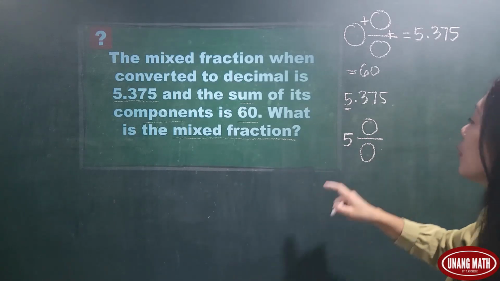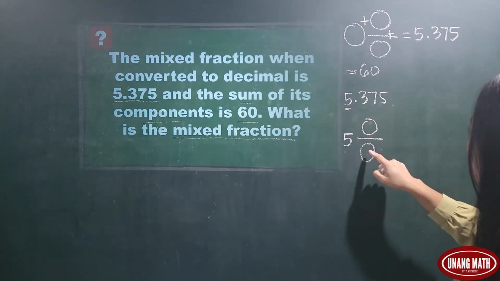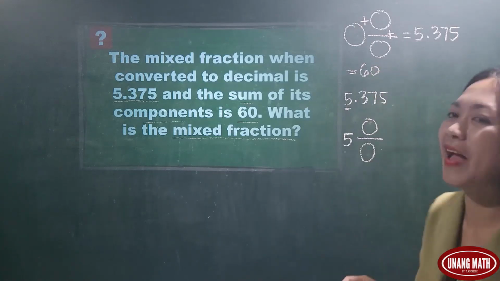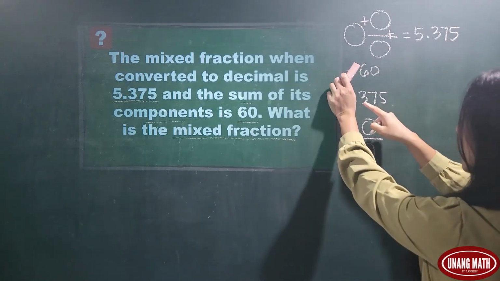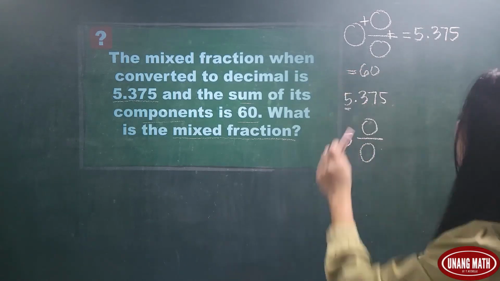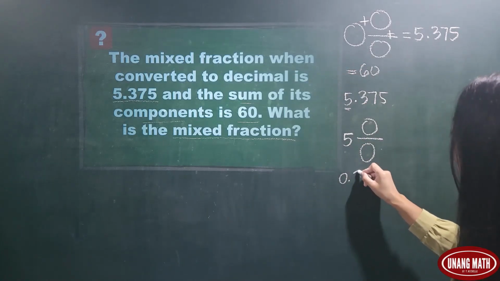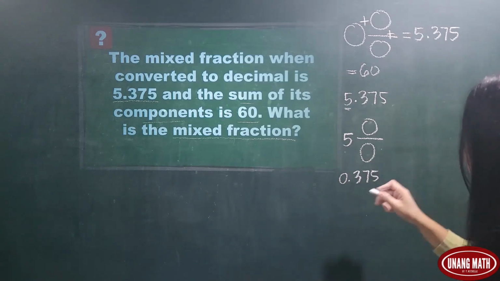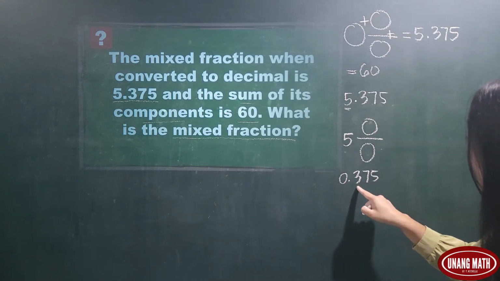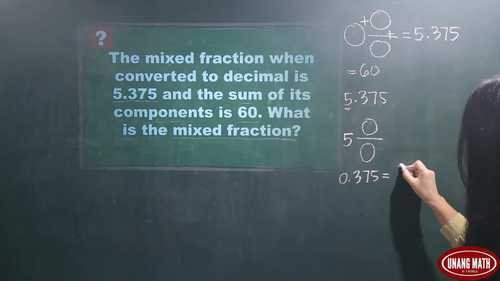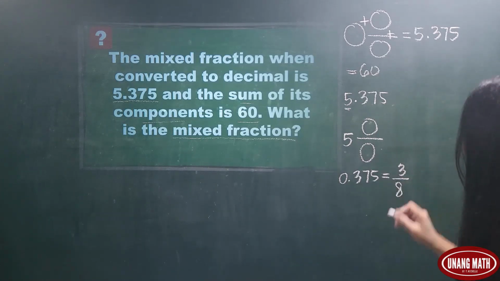Okay, take note, whole number, numerator, denominator, ang sum ay dapat na 60. Okay, tignan natin ang decimal number na 0.375 dito. Sa naunang bahagi ng video ito, alam na natin na ang 0.375 ay equal sa fraction na 3/8.